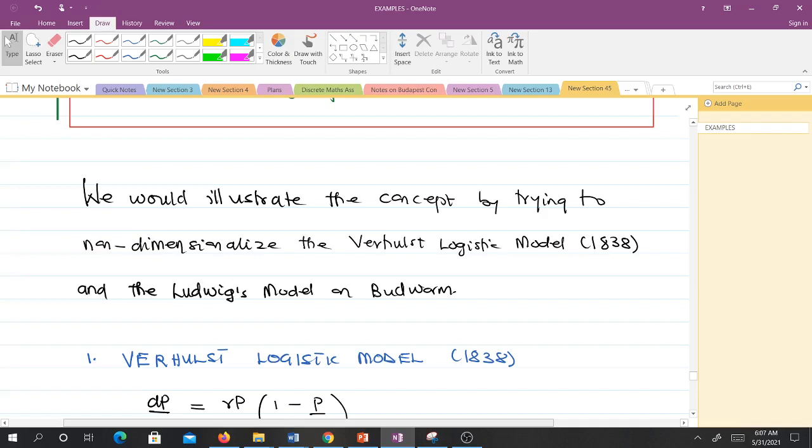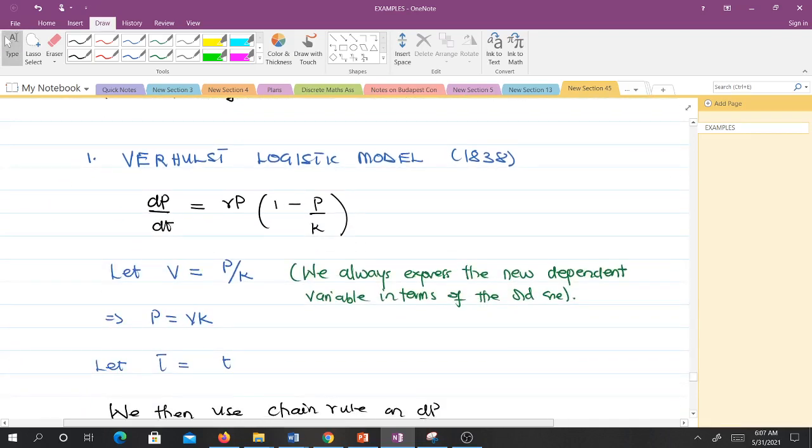So let's just take the Verhulst logistic model. This was the Verhulst logistic model. You can see that it has two parameters here, r and K. So if you want to non-dimensionalize this, that means you want to reduce the number of parameters, right?